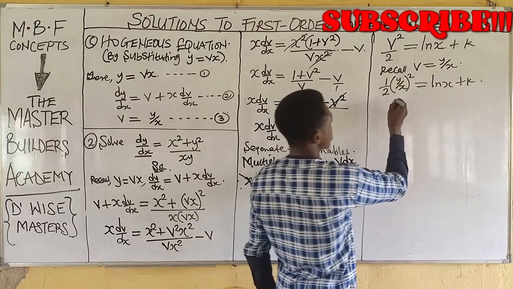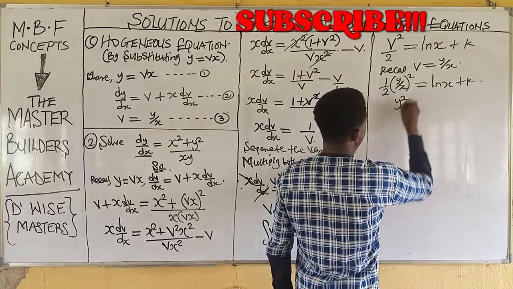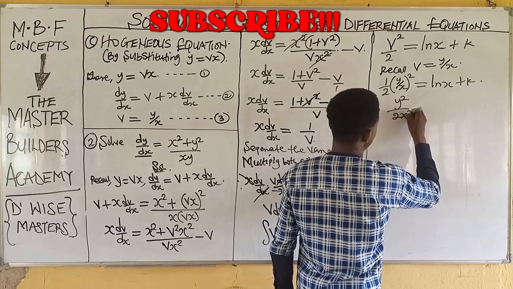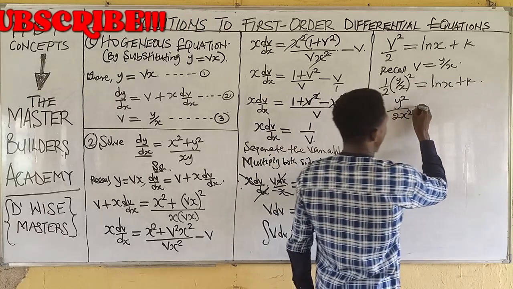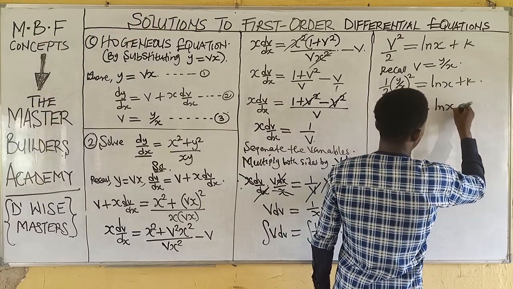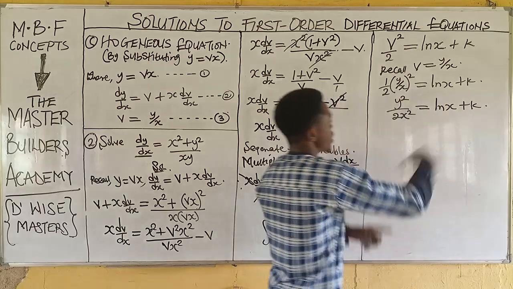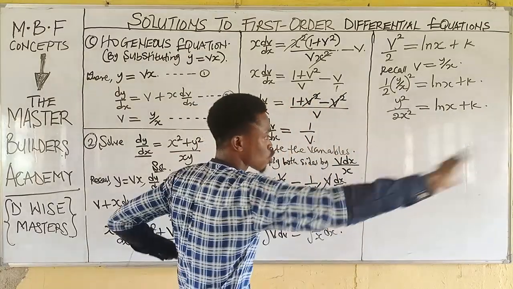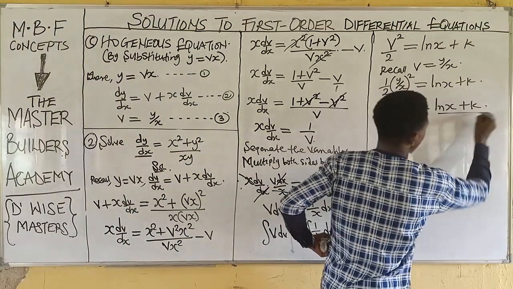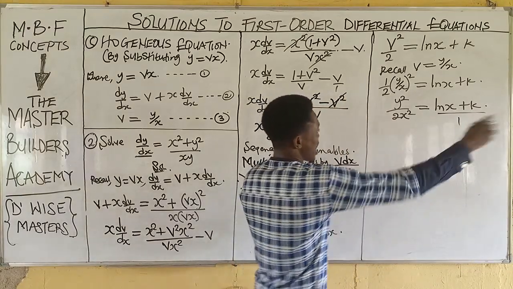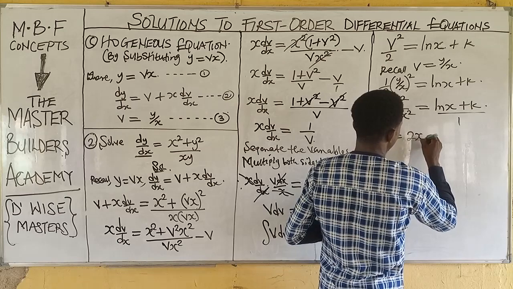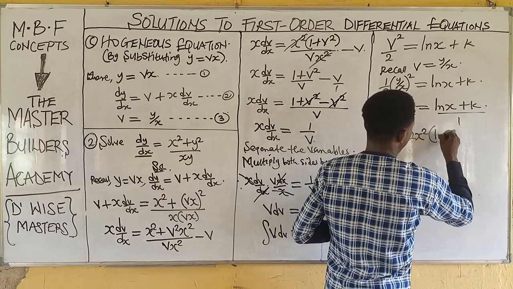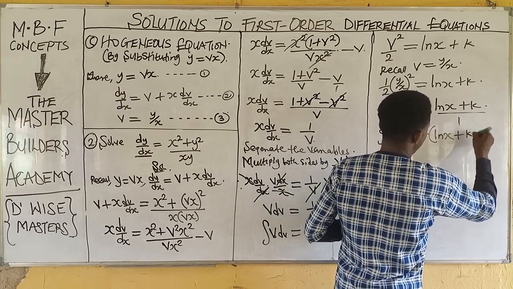And now at this point, this will have given us y squared over 2x squared. Now when you square y, you have y squared, and when you square x, you have x squared, ln x plus k. I can decide to make this a linear function by cross multiplying. So I can decide to say this is all over y. Now when I cross multiply, we will have this as y squared is equal to 2x squared into ln x plus k.